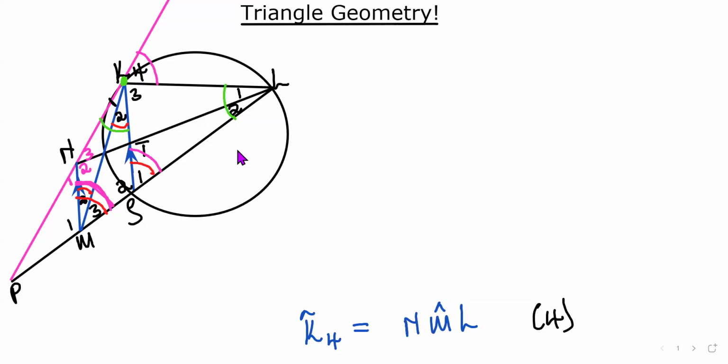Yeah, please repeat the question. Sorry, sir, I couldn't catch that. I'm saying, can you please repeat the question? The question is, what is the concept? How do we prove that two angles are equal to each other?